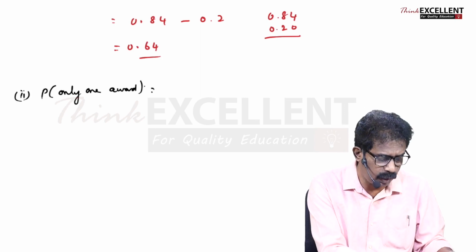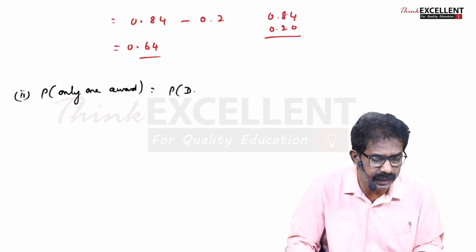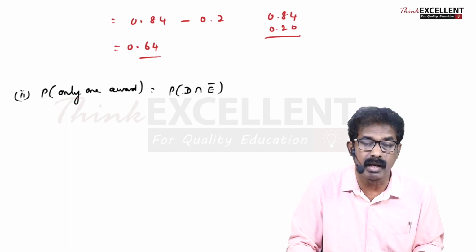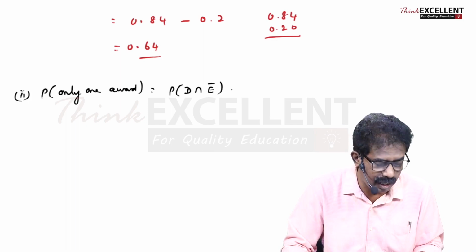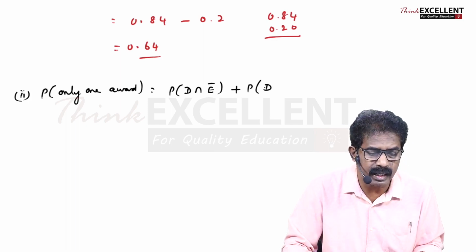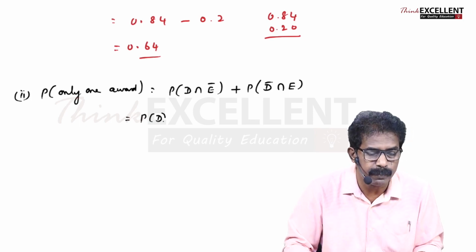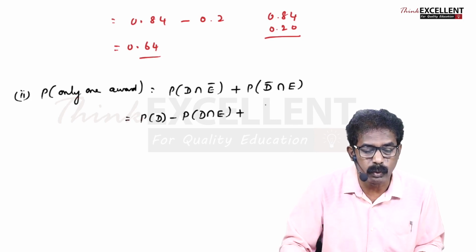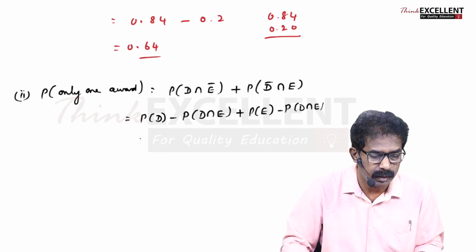Only one award means getting an award only for design, P of D intersection E bar, getting an award for design and not getting for efficiency, or not getting an award for design but getting an award for efficiency, right? First one is only design, so P of D minus P of D intersection E. Second one only efficiency, P of E minus P of D intersection E.